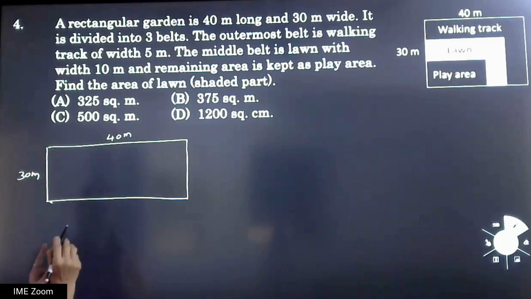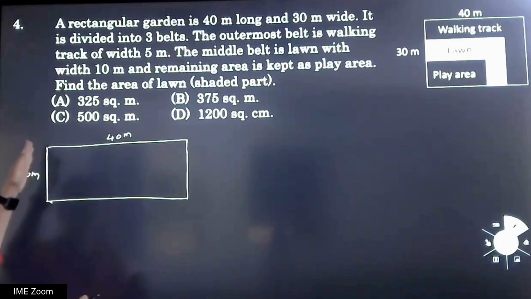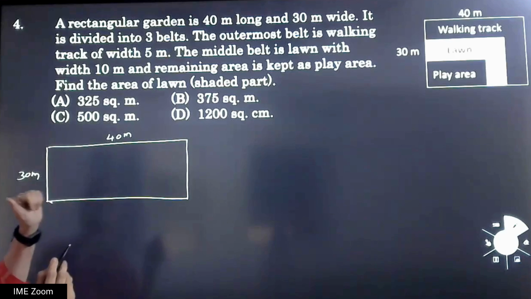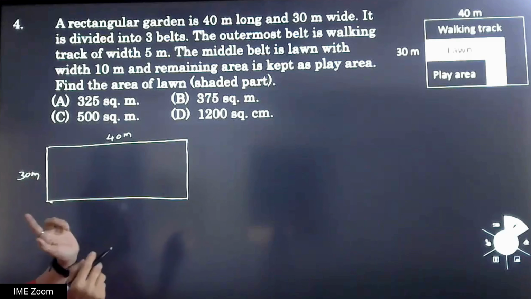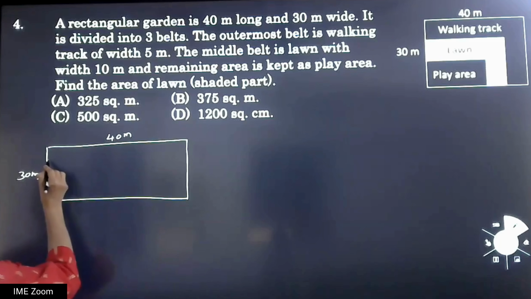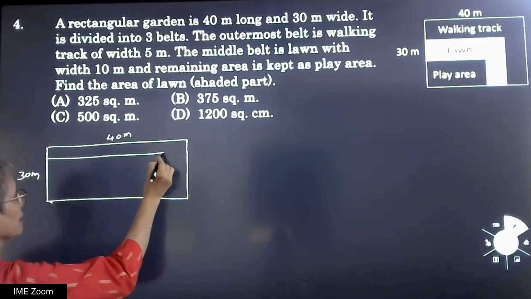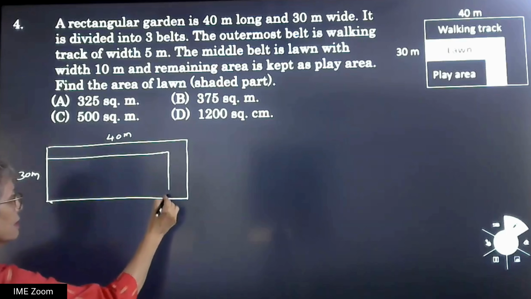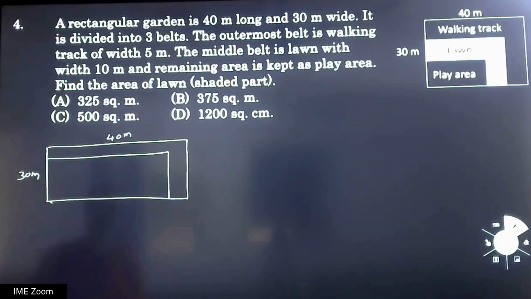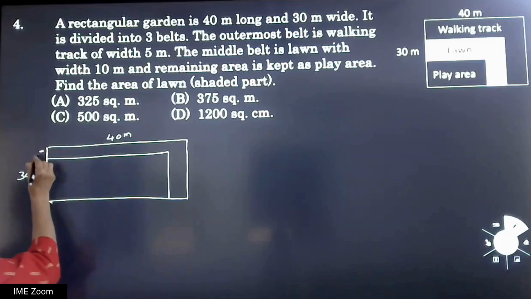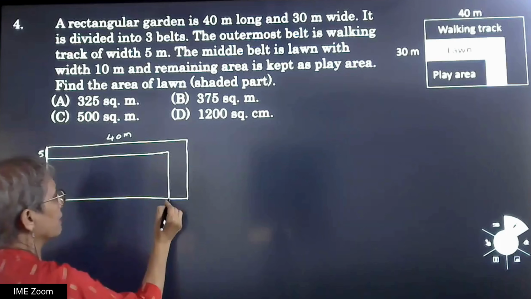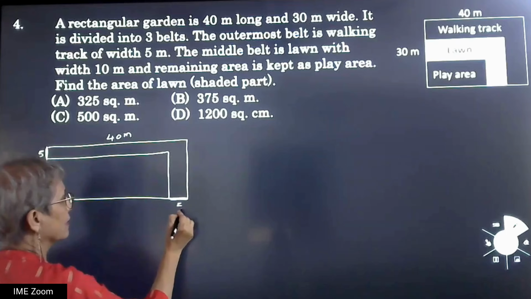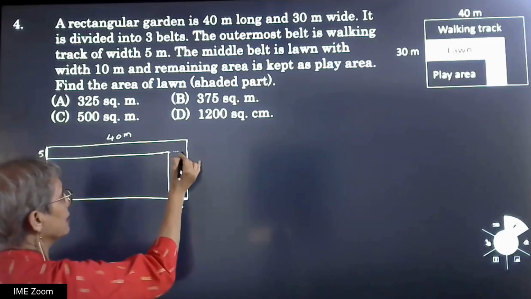This is a rectangular garden, 40 meters length, 30 meters width. Then it is divided into 3 belts. The outermost belt is for walking. This is a walking track, of width 5. This width is 5, this much width is 5. This is 5, so this dotted is also 5.